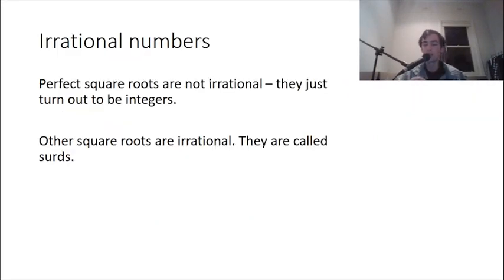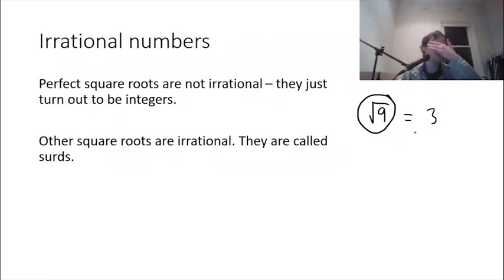Now, not all square roots are irrational. If I have the square root of 9, remember that's the number that I have to square to get 9, which is 3. The square root of 9 is not an irrational number.